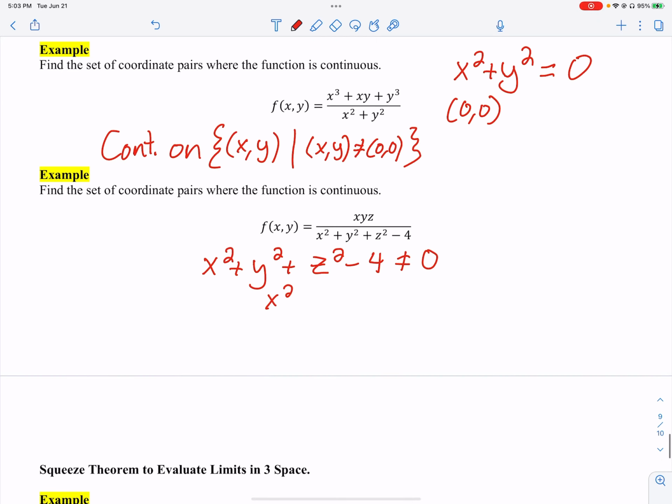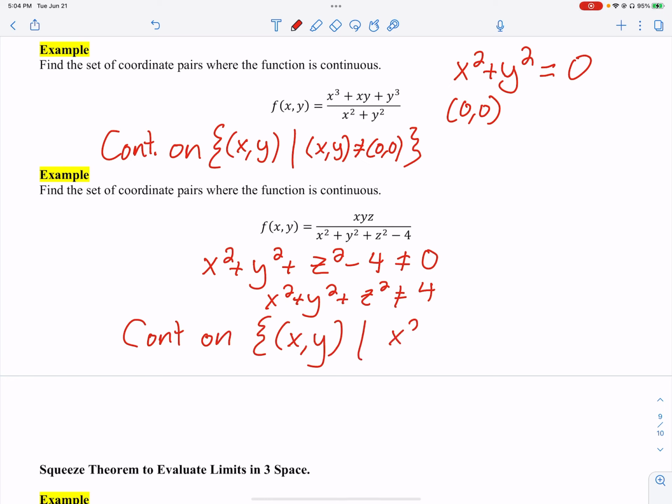So that means that it's x squared plus y squared plus z squared equals 4. So as long as that doesn't equal 4, right, we're good. So this is continuous on the set xy such that x squared plus y squared plus z squared does not equal 4. So continuous on all those points such that's not true.